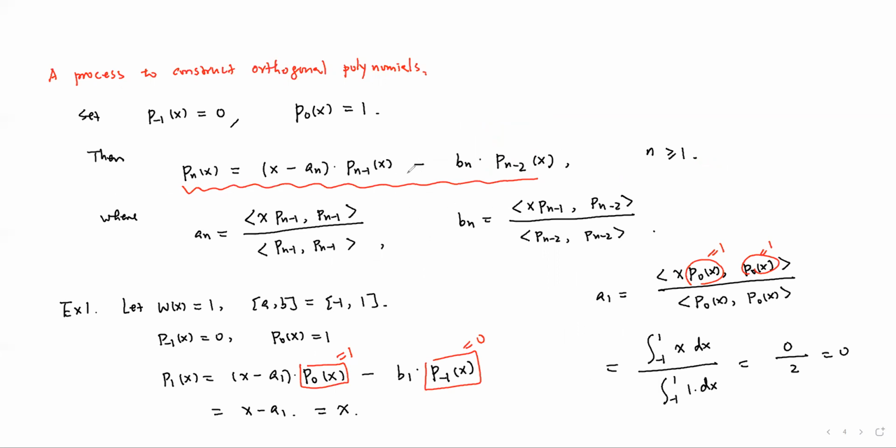Now, second, let me construct a Gaussian quadrature. Example 2. We have orthogonal polynomials now, then I can tell Gaussian quadrature.